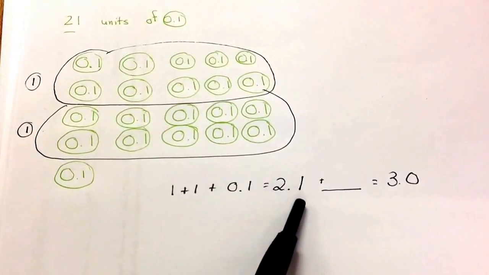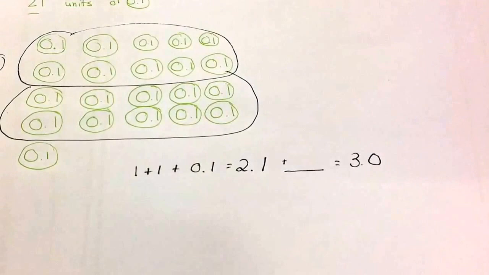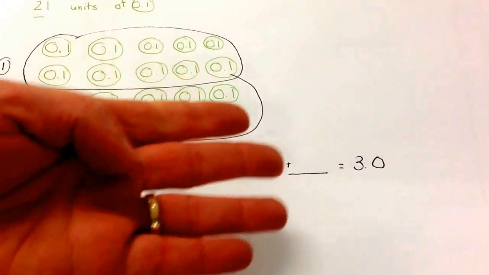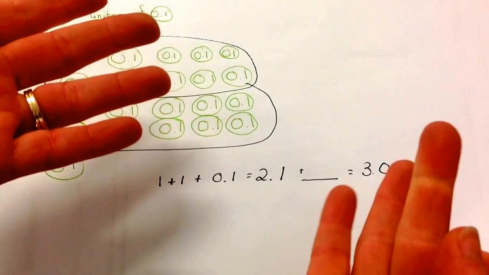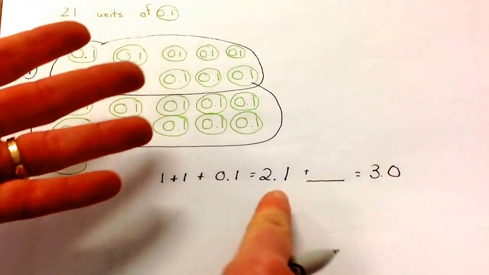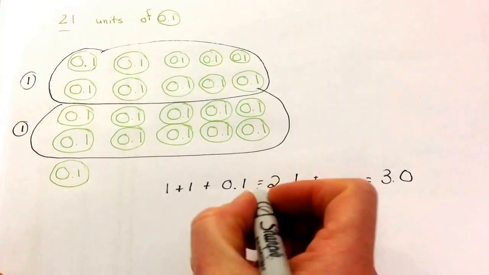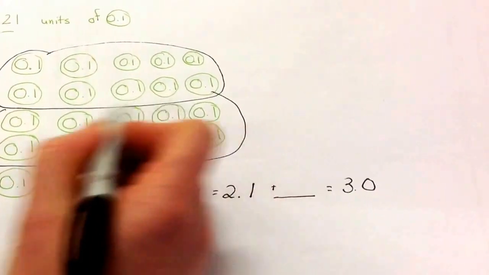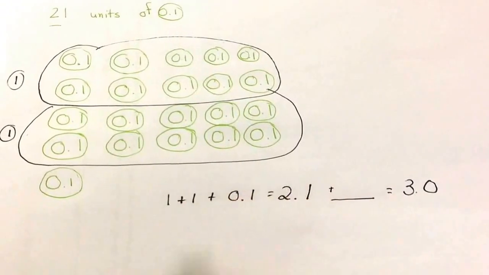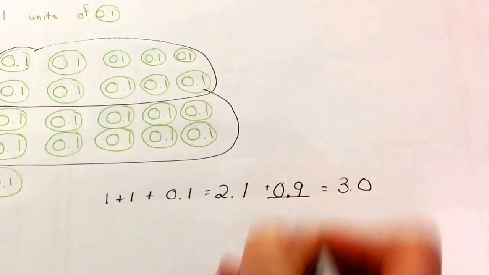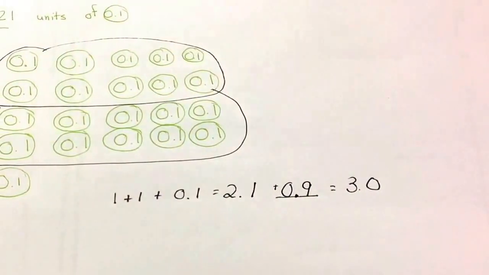Well, you could count up by tenths, so you could say 1/10, 2/10, 3/10, 4/10, 5/10, 6/10, 7/10, 8/10, 9/10, plus 1/10 equals 3 wholes. So you could have drawn 9 more of these to make that bundle of 10. So it'd be 0.9 or 9/10.